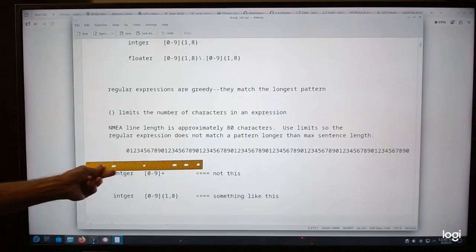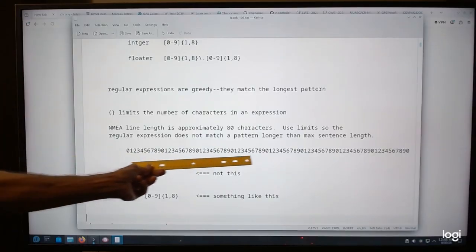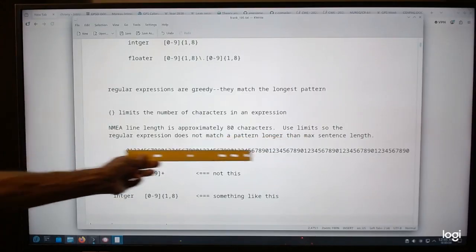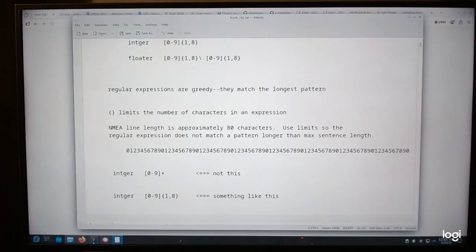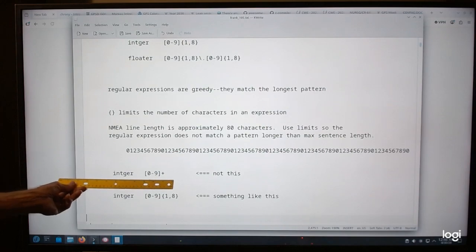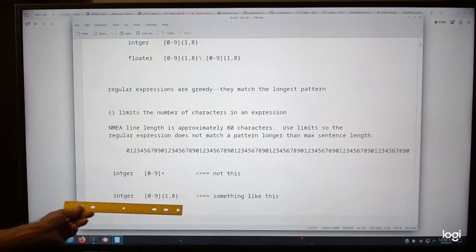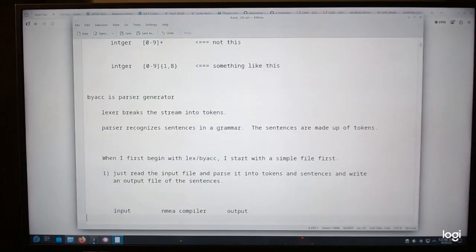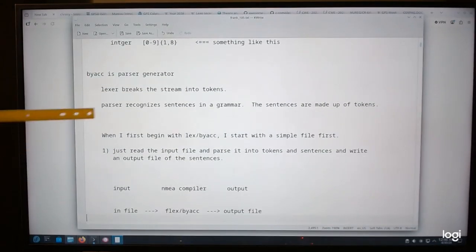See right here, if I had a string of digits, that regular expression will just match however long that string of digits is. I do not do this in my lecture, but you can put limits on there, like 1 to 8 digits, something like that. But it breaks the string into tokens and recognizes the grammar.